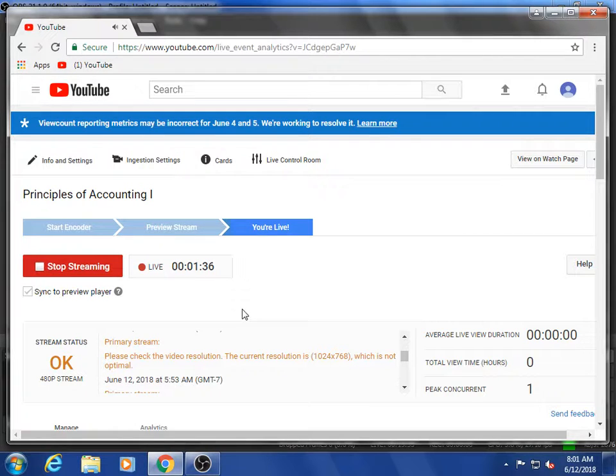Okay. We talked about the cost flow assumptions yesterday: the average method, FIFO, LIFO, and specific identification method. And today we have two more methods that we're going to learn, starting on page 277 and 278: the retail method and the gross profit method.